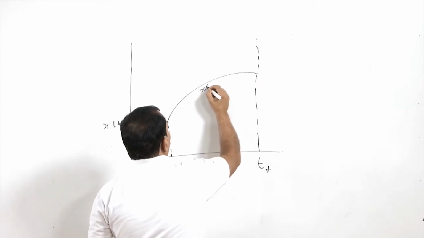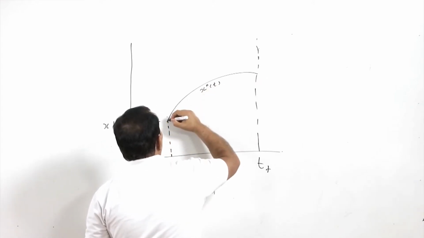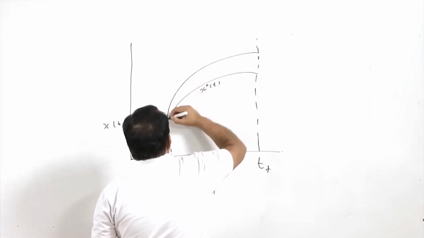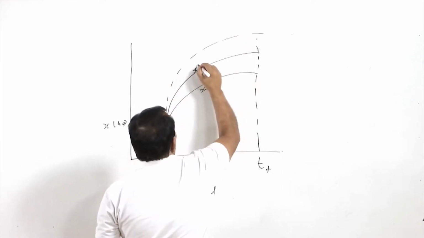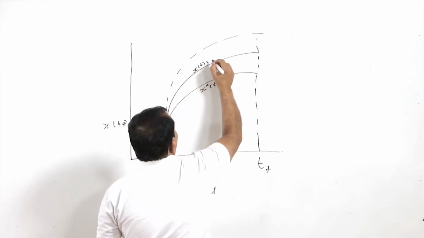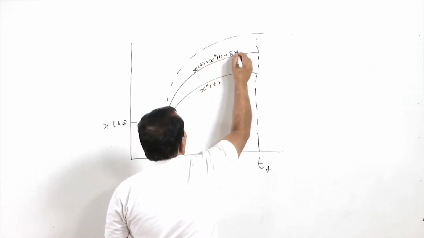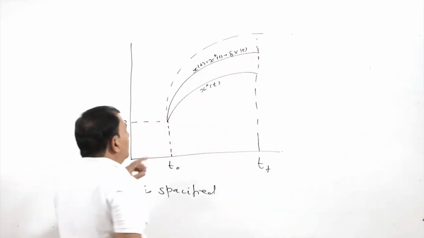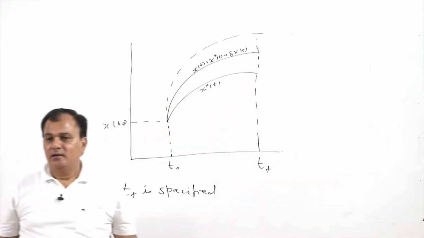If this is my x star t, my trajectory may go anywhere. So, this will be my x(t), which is x star t plus delta x(t). So, on the TF line my trajectory can terminate.